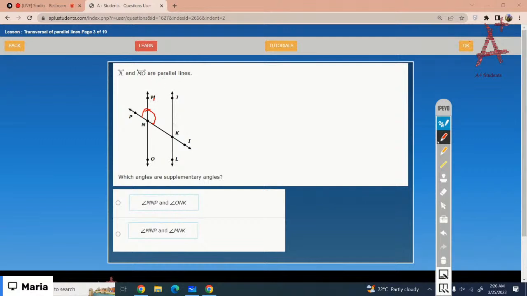These are the two angles whose sum equals 180 degrees. So angles MNP and MNK. The second option is the correct option. Got it?